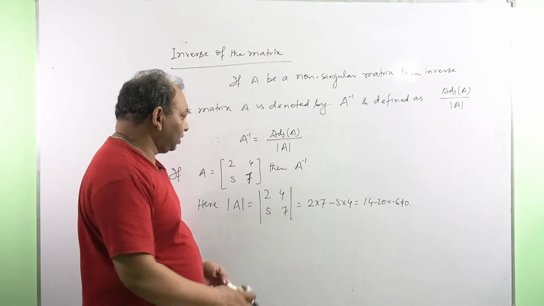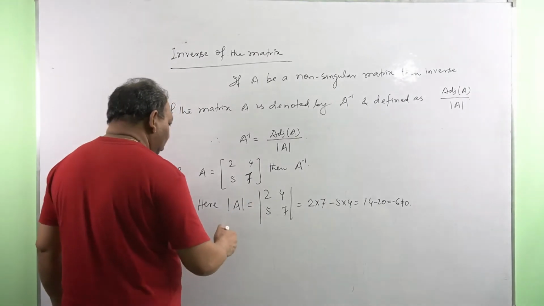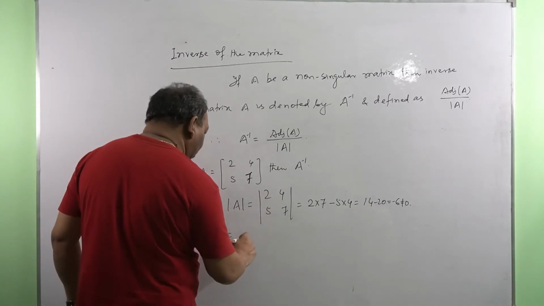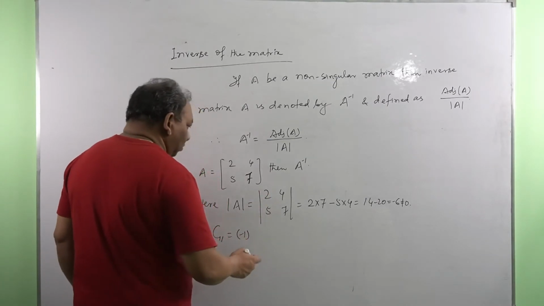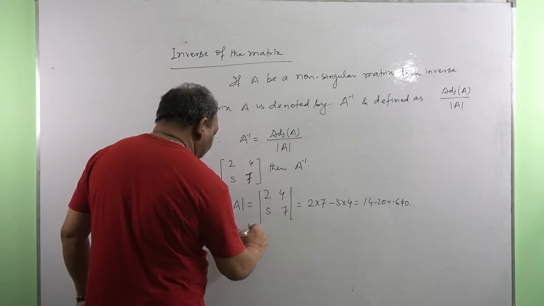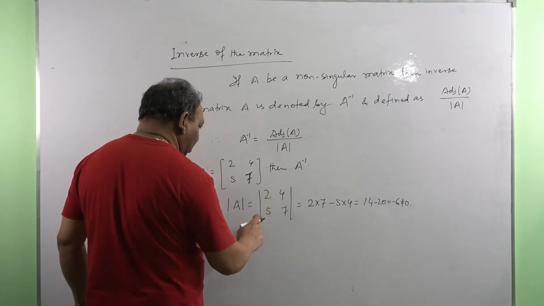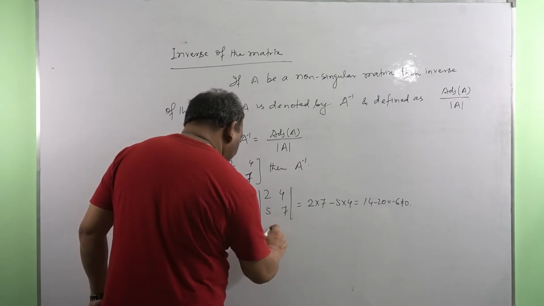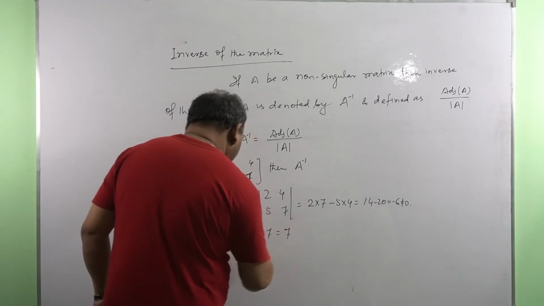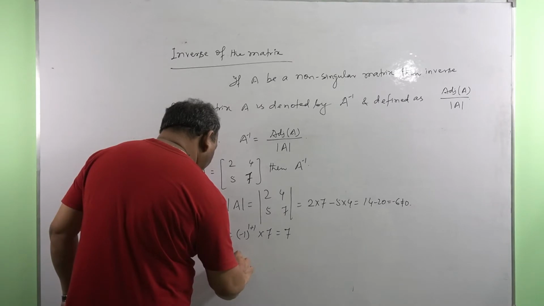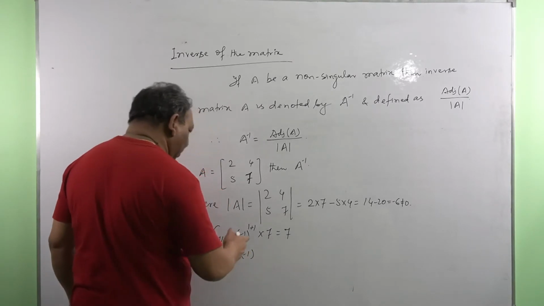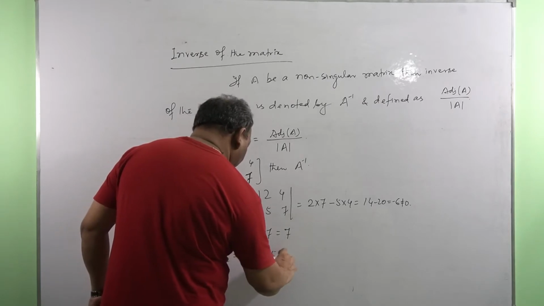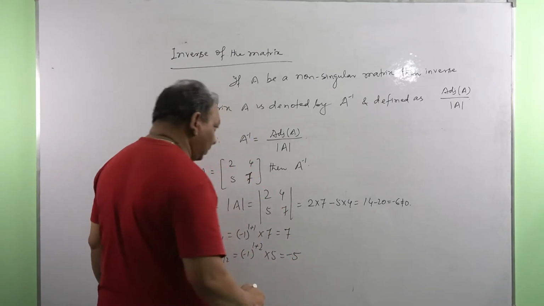Now find the cofactor elements of the determinant of A. So C11, the cofactor element of 2: minus 1 to the power 1 plus 1, hiding the first row and first column, we get 7. C12, first row, second column: minus 1 to the power 1 plus 2, we get 5, that is minus 5.